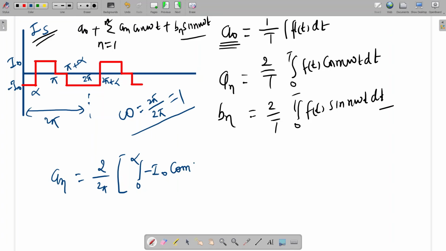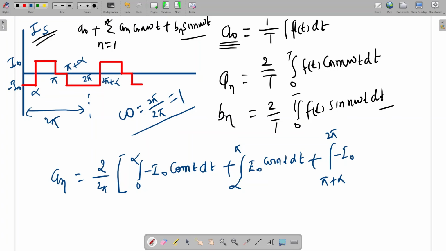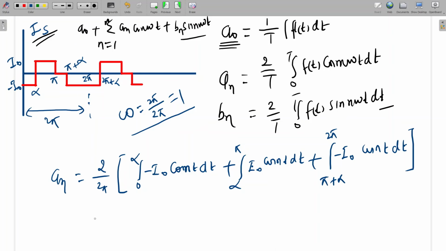So minus I naught cos nt dt, plus here alpha to pi, here I naught, so I naught into cos nt dt. Further here pi plus alpha to 2 pi. So we have period up to 2 pi only. What will be the value? Minus I naught cos nt dt.